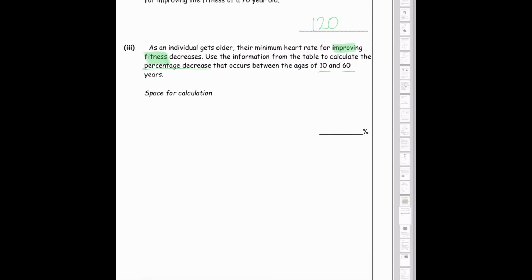The first thing we do is work out the difference, and that gives us 40. We then divide by what it started as, and then multiply our answer by 100, and that will give you your percentage decrease.